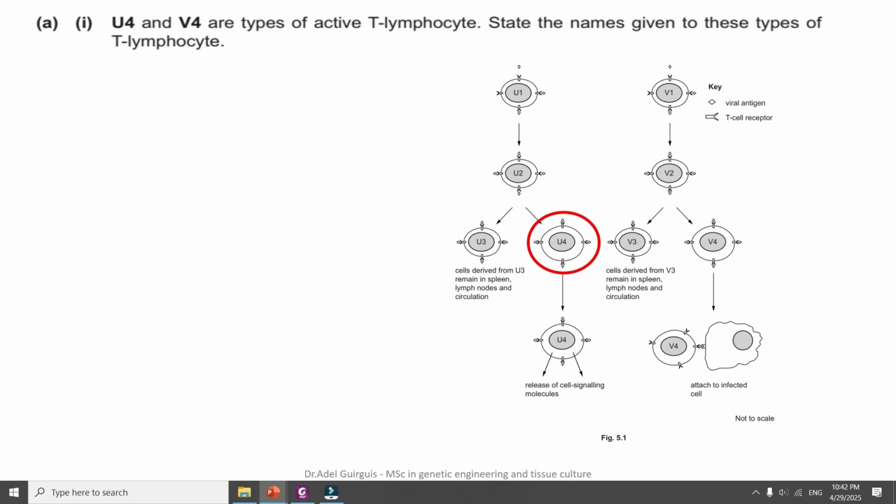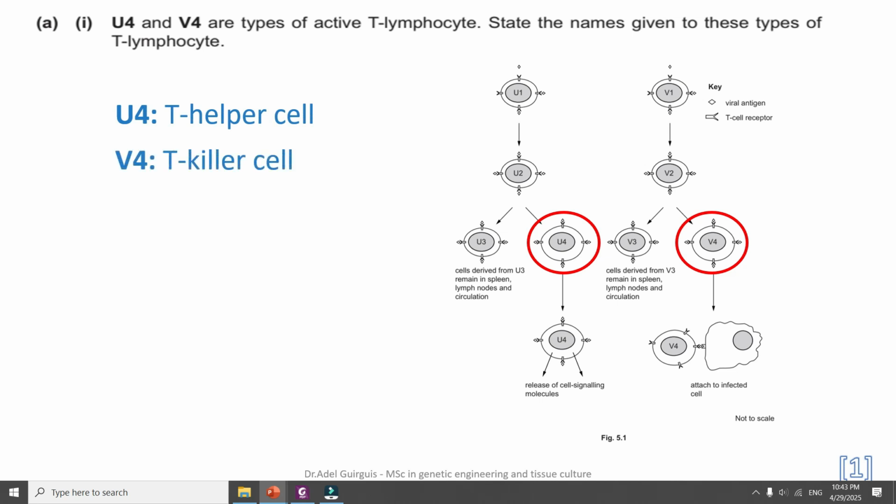While V4 is directed towards virus-infected cells and tries to destroy them by certain mechanisms. This is called a killer T cell, or T killer cell, or cytotoxic T lymphocyte. So U4 is a T helper cell and V4 is a T killer cell.